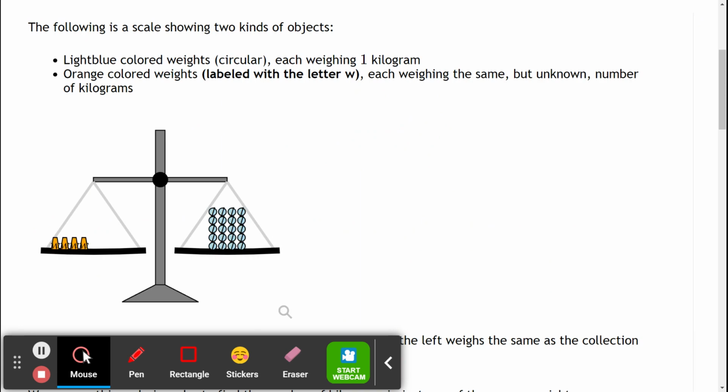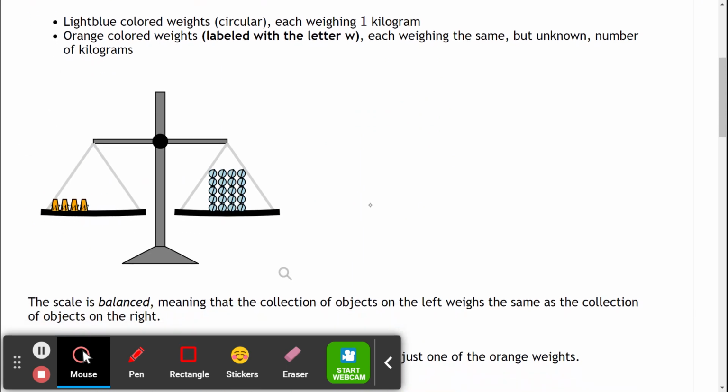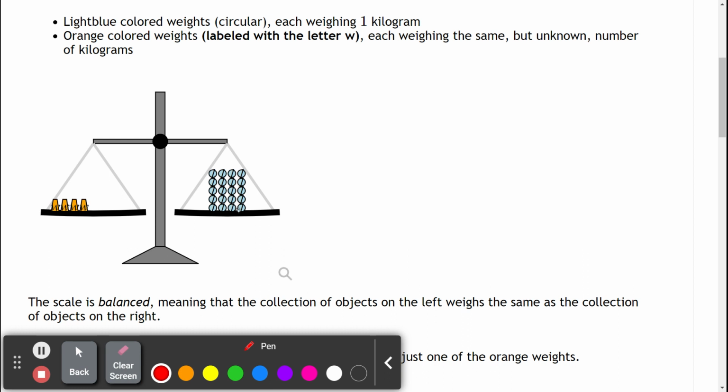Next question. Oh, we have another balanced one here. How many W's do we have? We have 4 W's, so we have to put this into 4 groups. It's pretty easy to see here.